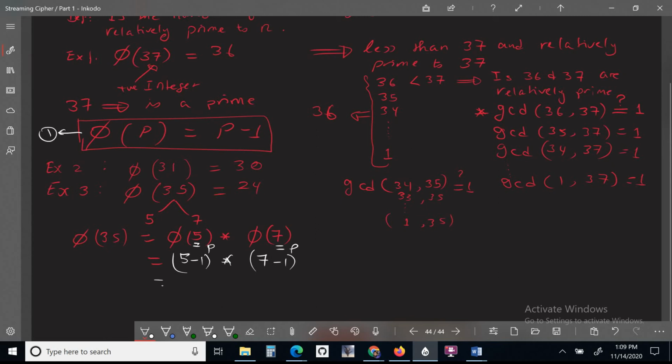The answer here is 4 times 6, and this will give us 24. Notice that this is the result. If you want to verify it, you can go all the way and do the same thing. Okay, excellent.